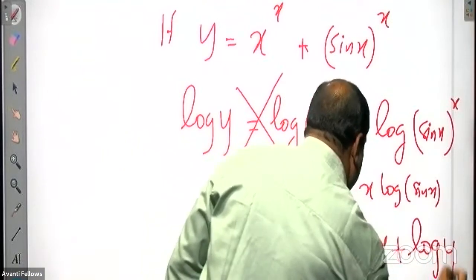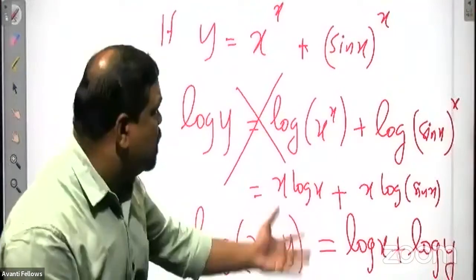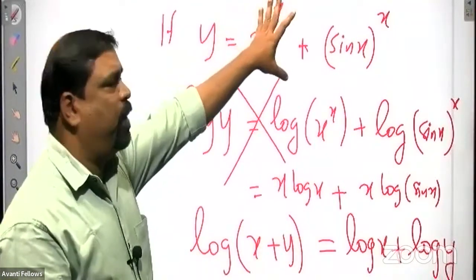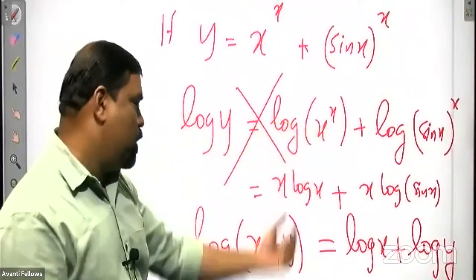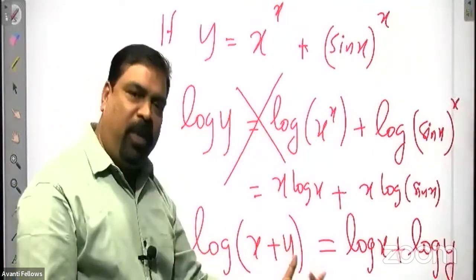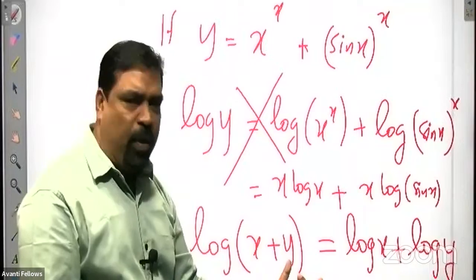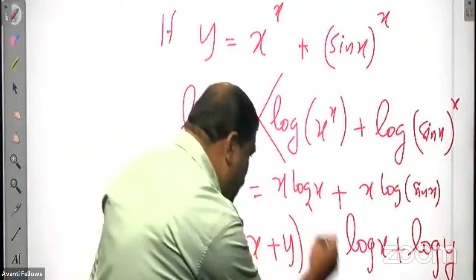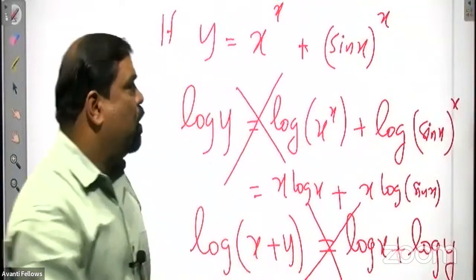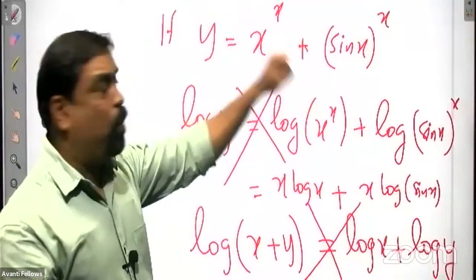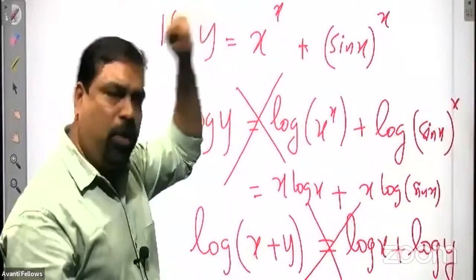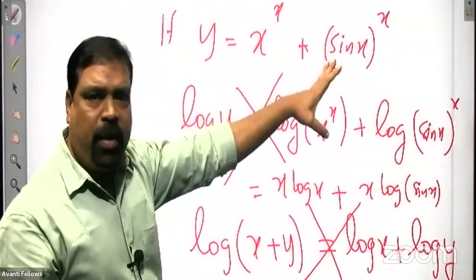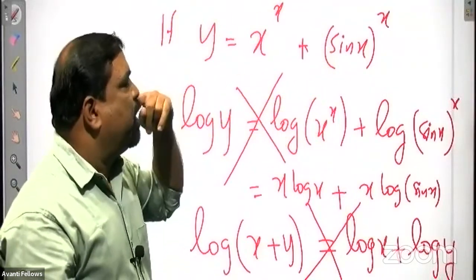If there were some property like this, I could apply it here. But is there any property in this way? There is no property. So this is totally wrong. Please remember, don't do this. I am telling you, don't do this. Clear? You will not get any marks. So please take care of this step.